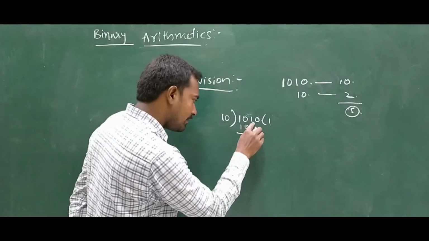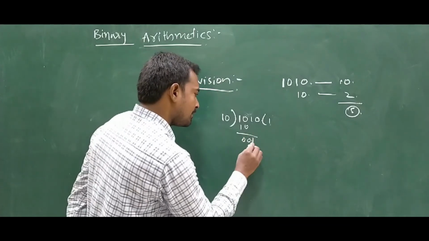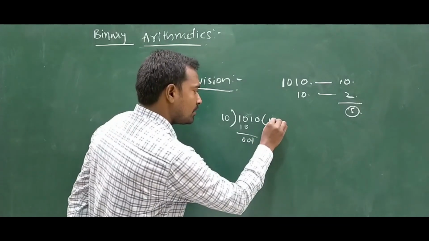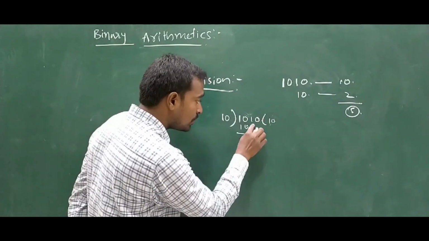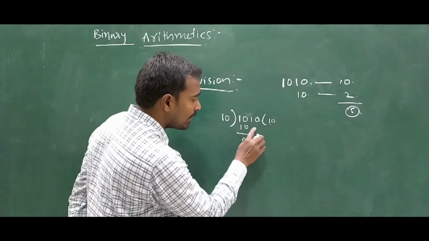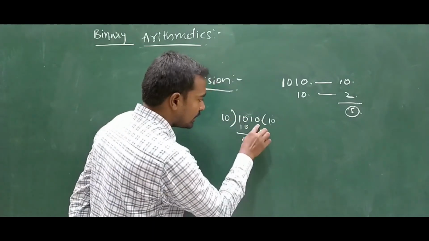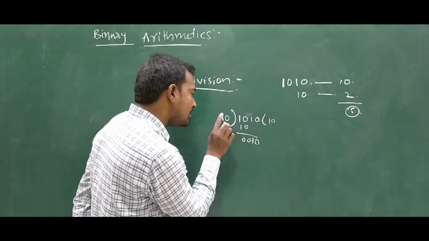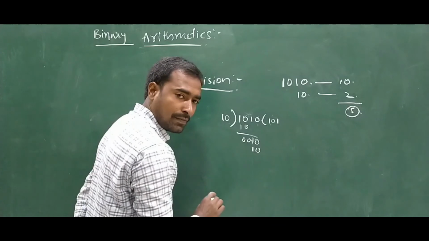Okay, and take it as the value 1, and we have to substitute the value 0 here, because we are taking the 2 values. When we are taking the 2 values, we have to take 0 here. Okay, so I am taking the value 0 here again, and in 1010 here we are getting 10.